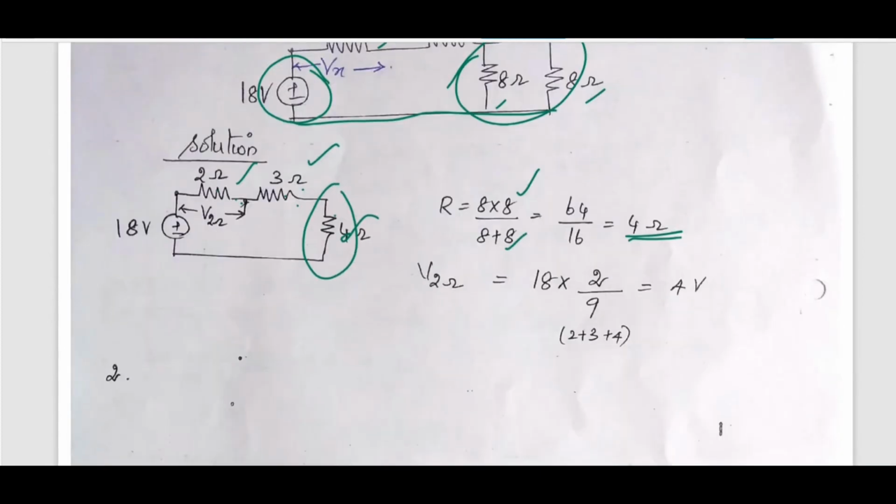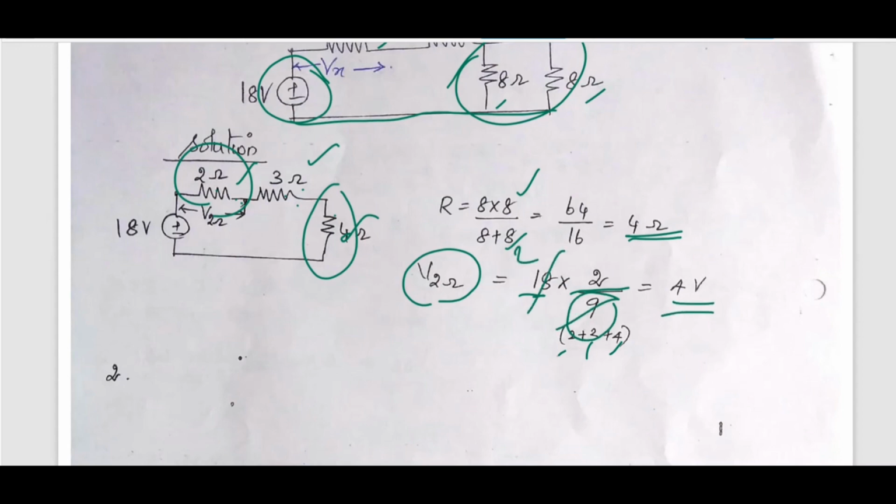Applying the same, voltage across the 2 ohm resistor is equal to total voltage 18 into that particular resistor, 2 ohm, divided by total resistance. What is the total resistance? 2 ohm, 3 ohm and 4 ohm, totally 9 ohm. So cancel, 2 into 2, 4 volt. Voltage across the particular 2 ohm resistor is 4 volt.